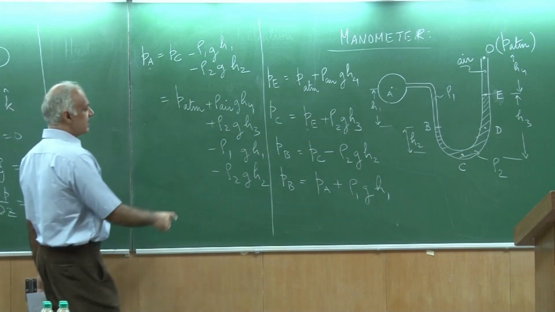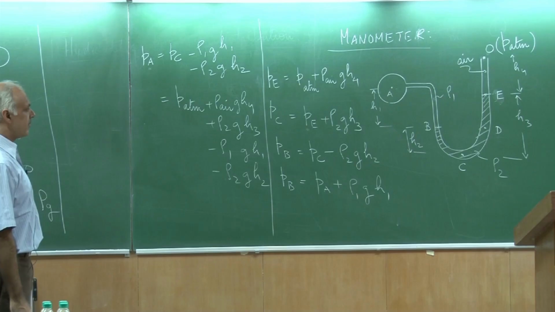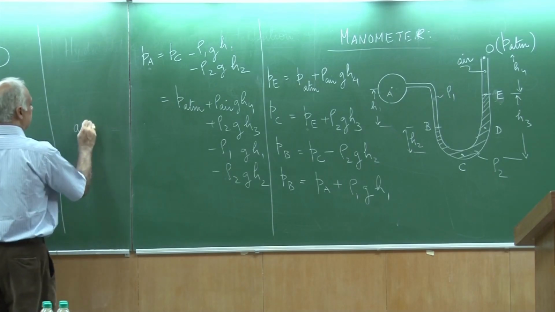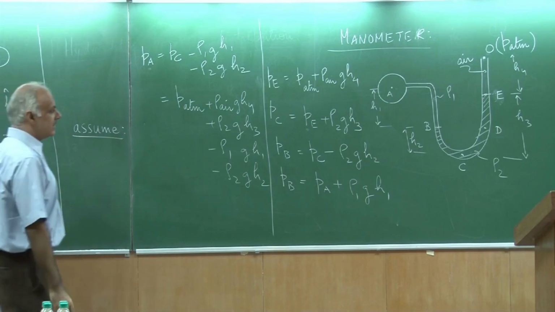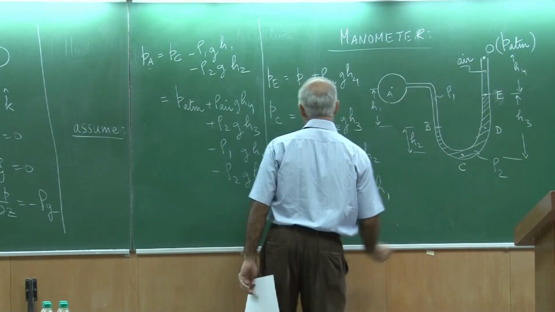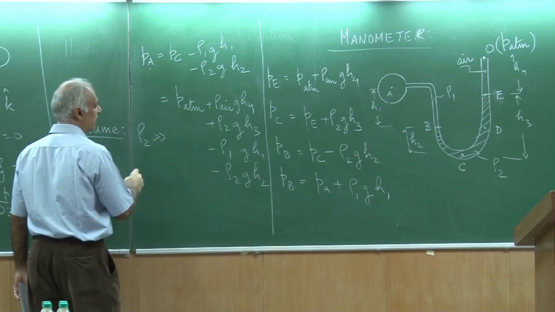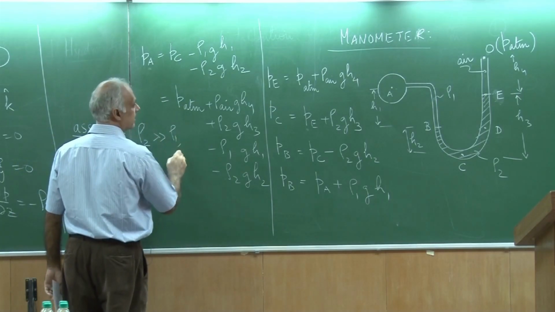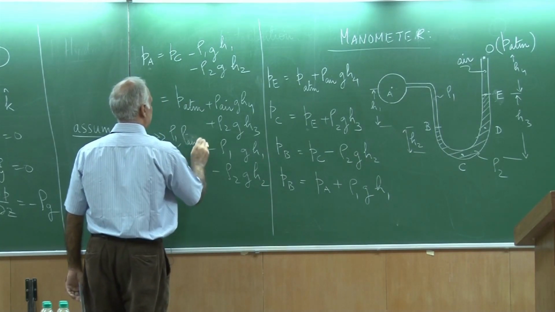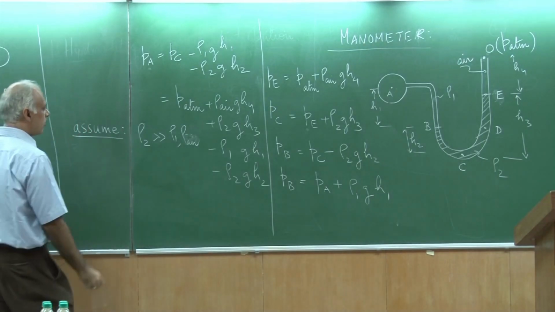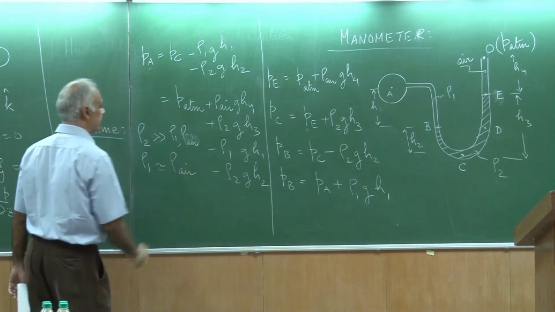If I knew what are the densities of these different fluids, then I should be able to calculate this. I could now make some assumptions. So, I could say that this fluid rho 2 is a heavy fluid and it is much greater than rho 1 and rho of air. I could also assume that rho 1 is nearly equal to rho of air.